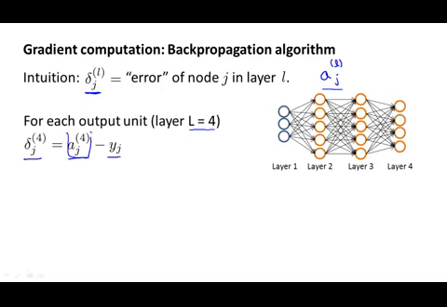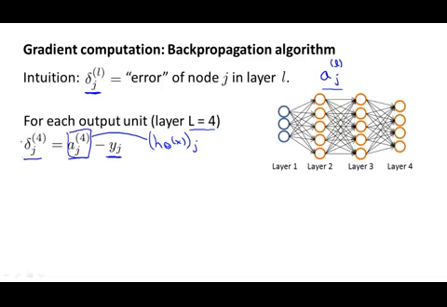So this term here can also be written h of x subscript j. Right? So this delta term is just the difference between what our hypothesis outputs and what was the value of y in our training set, where this y subscript j is the jth element of the vector value y in our labeled training set.